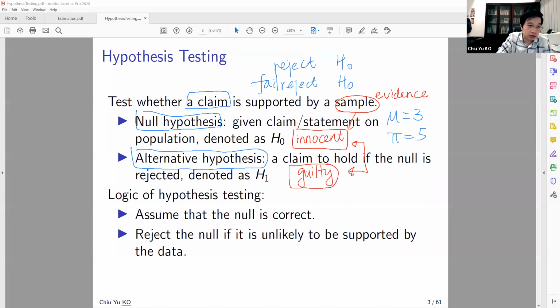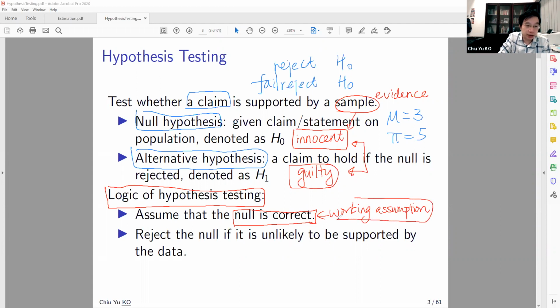Just to recap, the major logic of hypothesis testing is that you assume the null is correct. This is what we call the working assumption or working hypothesis. Then you try to see if this assumption is supported or not.